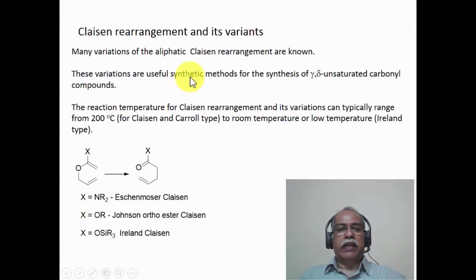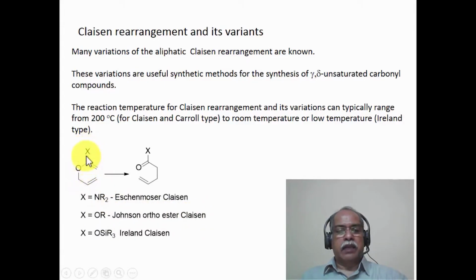Now the various variations that you see in the Claisen rearrangement: the Eschenmoser Claisen rearrangement, where the substituent X on the vinylic position is a dimethylamino derivative. In other words, it is an N,O-aminal of the ketene that is generated here. On the other hand, if X group is an OR group, then it will be a Johnson orthoester Claisen rearrangement.